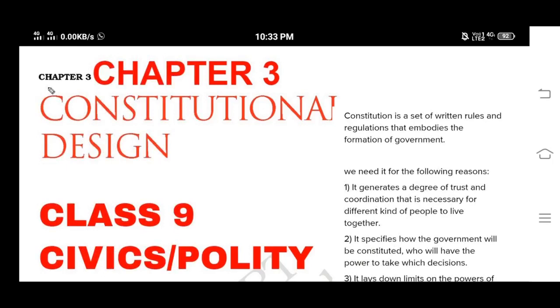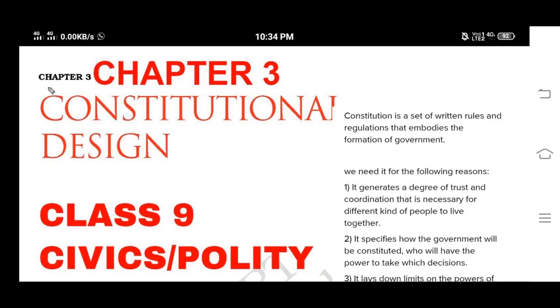Constitution means a book of laws, and laws means rules and regulations. With the help of these laws, we form government.